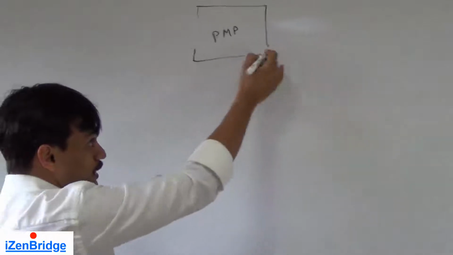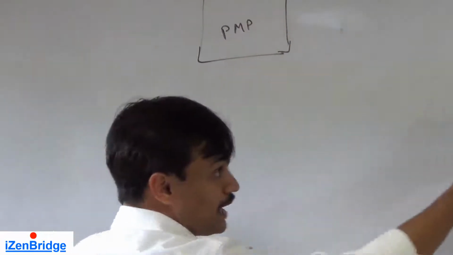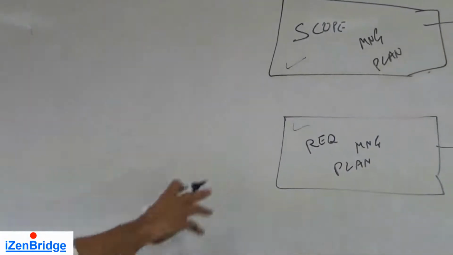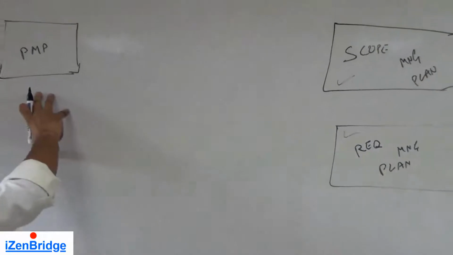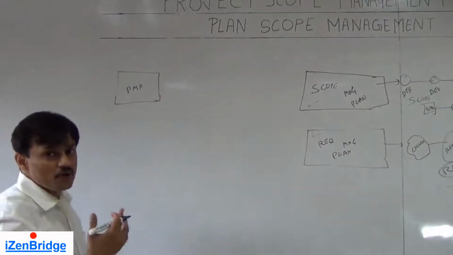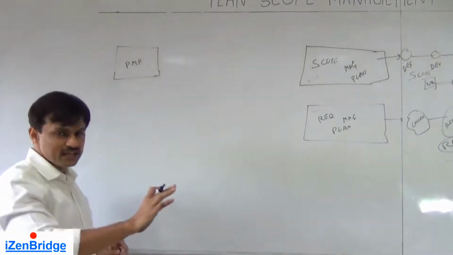Now you will see in this process we are using PMP as an input also, and these two outputs which are coming out of this process will also become an input or a part of a subsidiary plan of project management plan. It's a very initial time process, like creating a scope management plan happens in a very initial stage of the project.